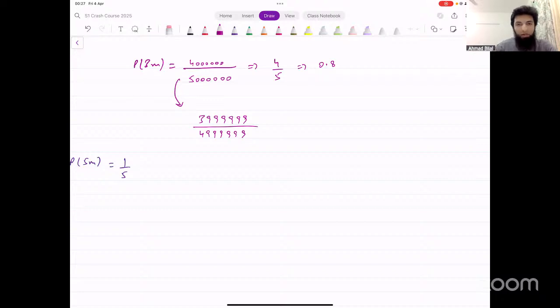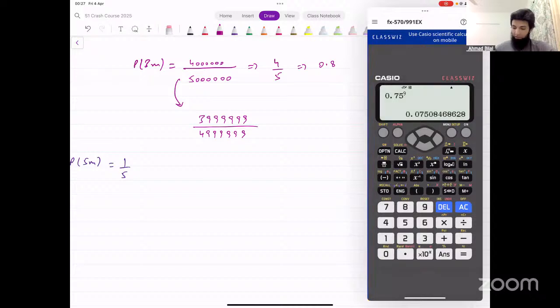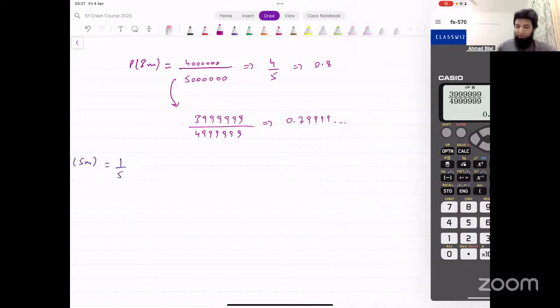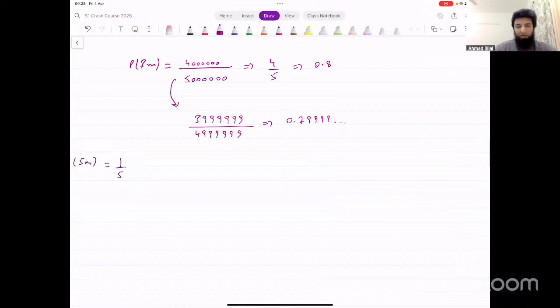Both the numerator and the denominator are going to reduce by 1. Now, what do you get? That's 0.799999 and so on. If I were to choose larger numbers, it would just continue like this. If it was infinite, it would be the same as 0.8.